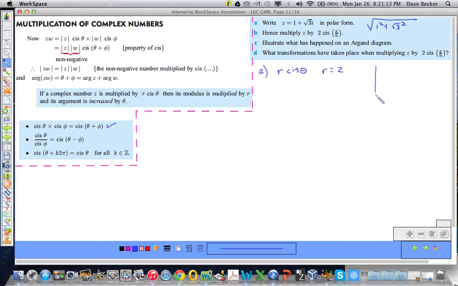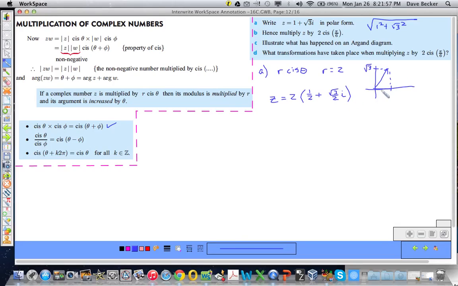Well, why don't we think about it like this? I'm going to go over 1 and up root 3. Everybody okay? Good. So now we can say that z is equal to 2 times 1/2 plus root 3 over 2 times i.